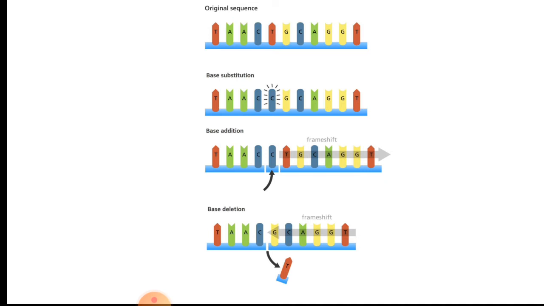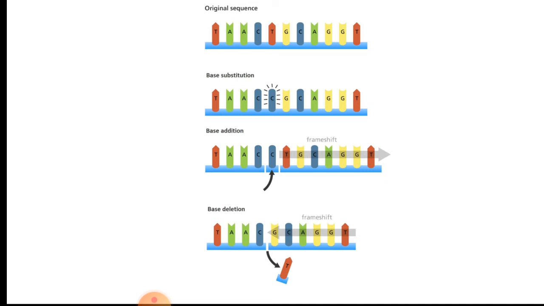In the initial part of this lecture, I told you that the mutation can be either in the somatic cell or in the germ cell. So, if it is present in the somatic cell, it will cause damage to the individual cells which are the descendants of that particular cell.